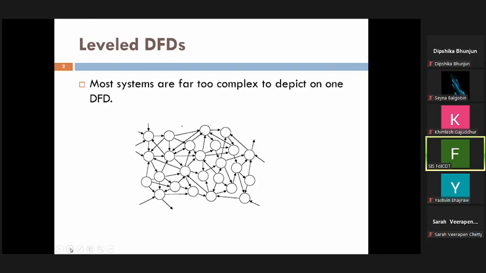So with this limitation that we've seen last week, obviously we cannot depict the whole system. That's why with DFD, we start with a high-level diagram first. Then we go to the next level. In fact, we already started with a context diagram, which is considered to be the DFD level 0.